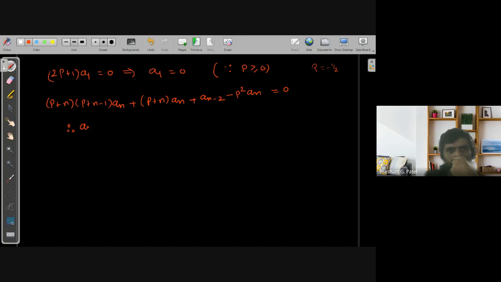That gives you a(n minus 2) equal to, taking everything to the other side, taking an common from each of these, p square minus p minus n, and minus p square goes to the other side, and then it is minus (p plus n)(p plus n minus 1) into an.